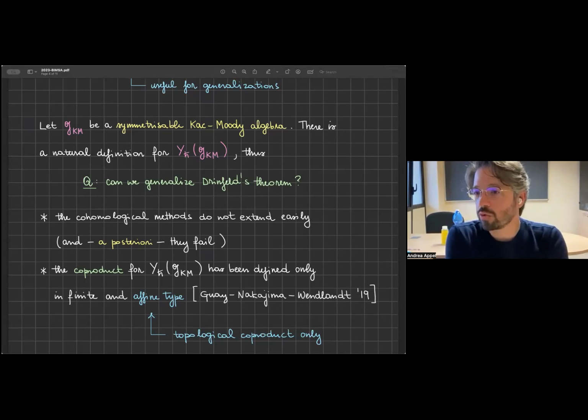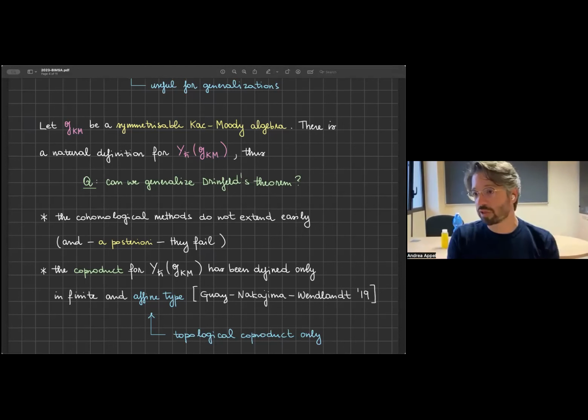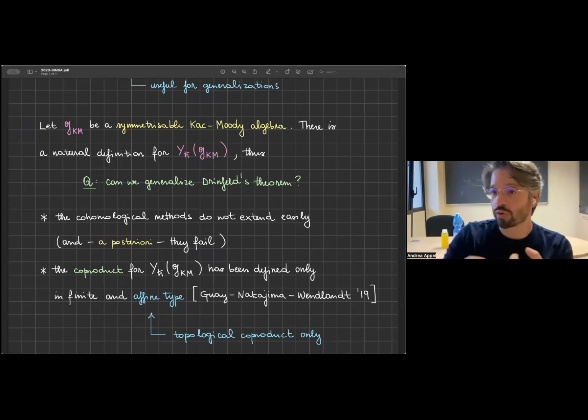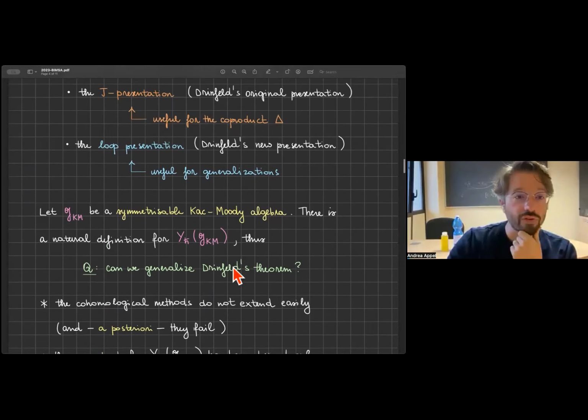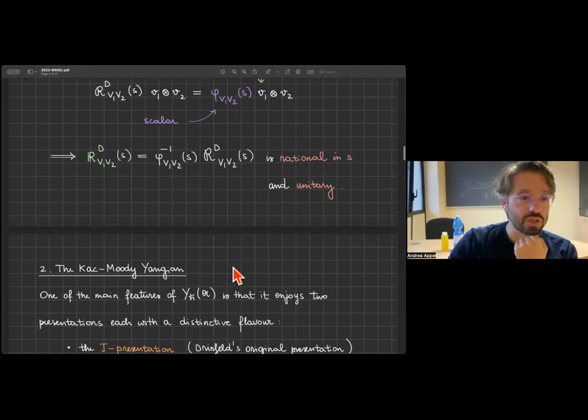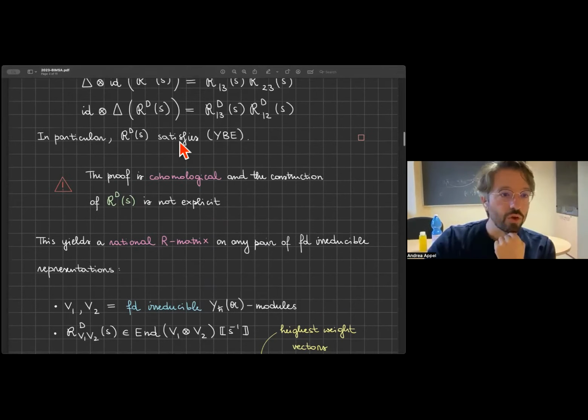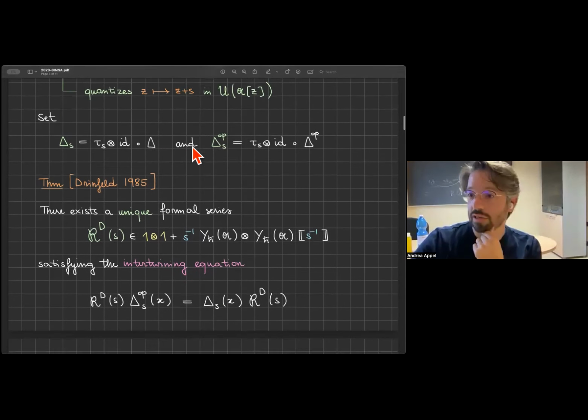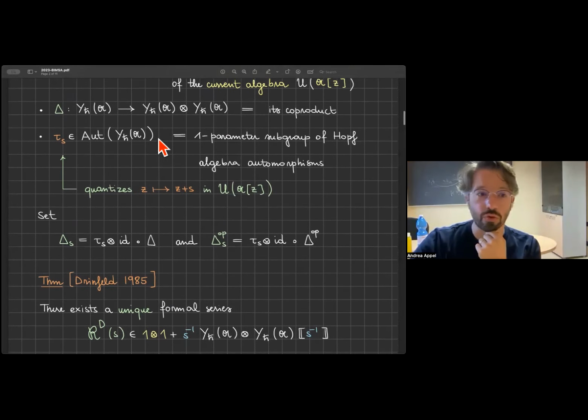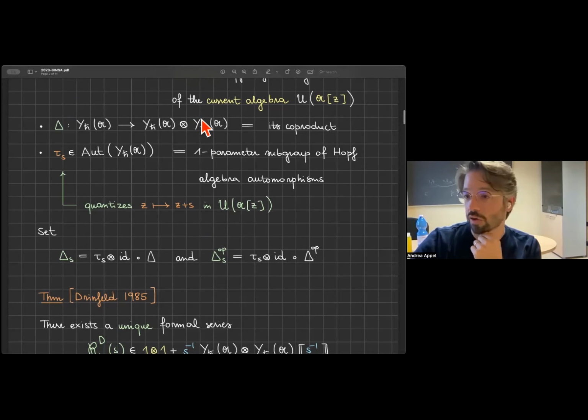So what they really do is that they define this coproduct, but there are several things to notice. First thing is that this coproduct is not an algebraic coproduct, but it's generally a topological coproduct. So you need some completion of the space where you land.